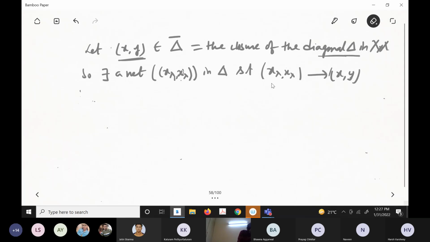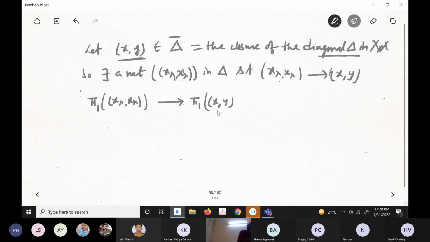Now look, this one, I take the first projection, pi 1 of x lambda. This goes to the projection, that is x lambda. You don't need the second bracket actually, if you understand.